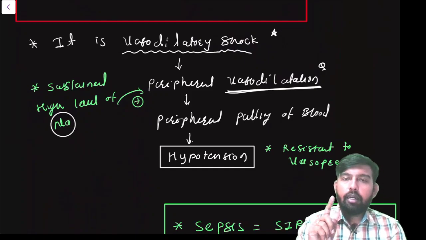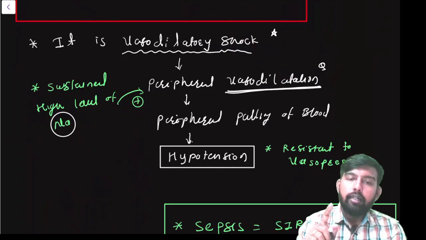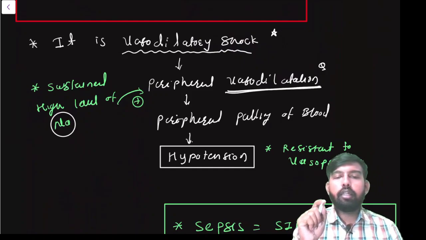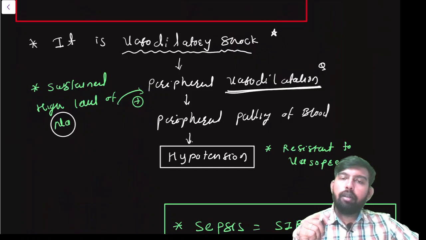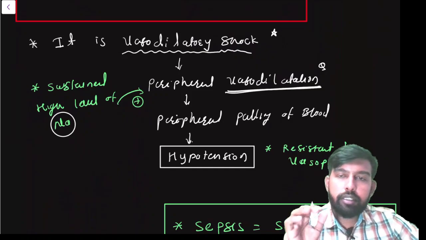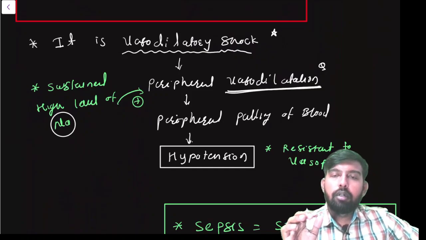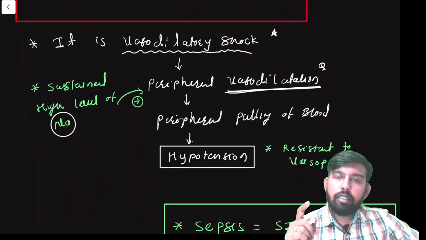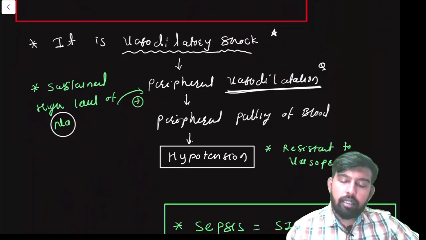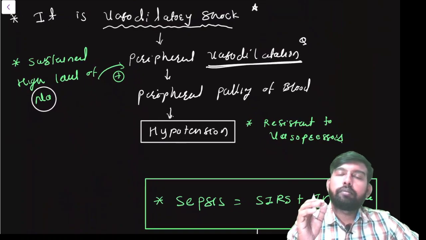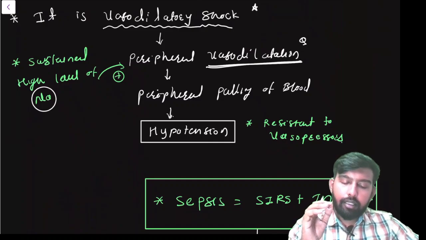So actually the difference between hypovolemic shock and septic shock is that in hypovolemic shock, the amount of blood is decreased in the intravascular component, but in septic shock, the amount of blood is the same as a normal body amount, but there is decreased utilization of the blood at the tissue level, and there is a pulling of the blood into the intravascular component which results in decreased utilization by the cell.